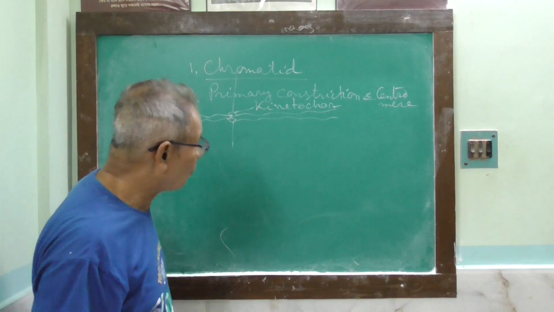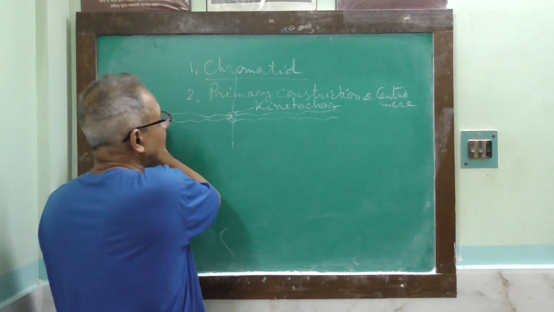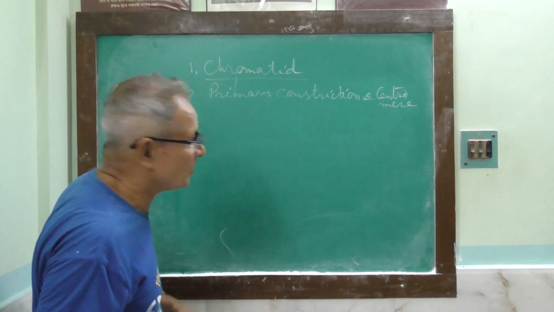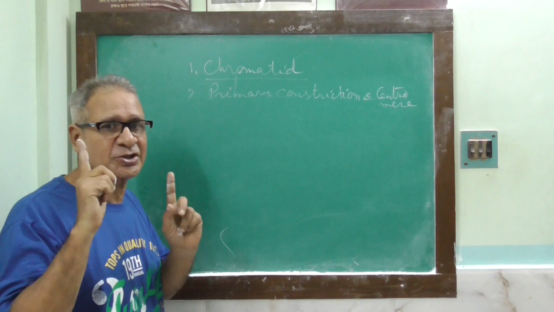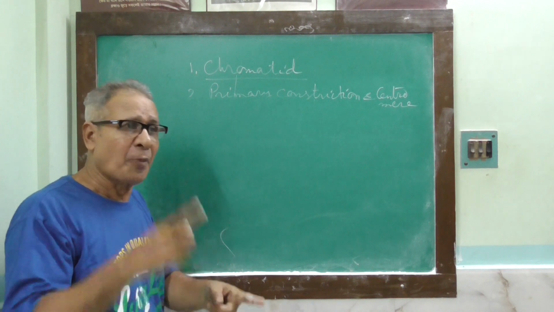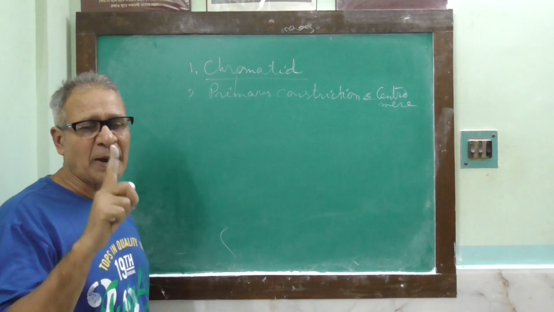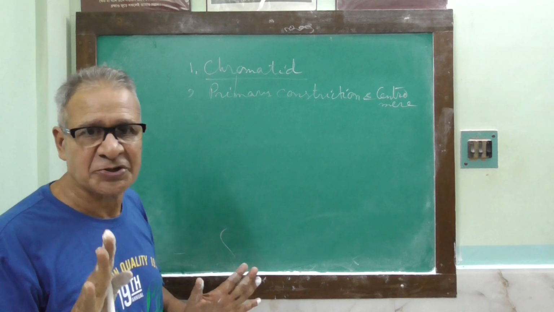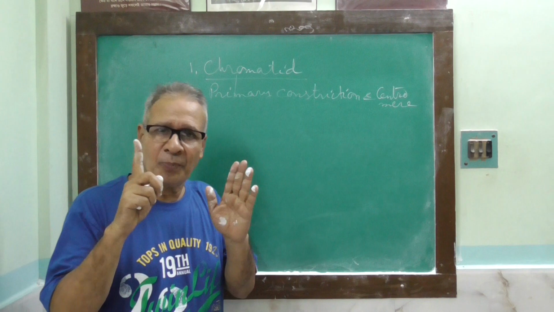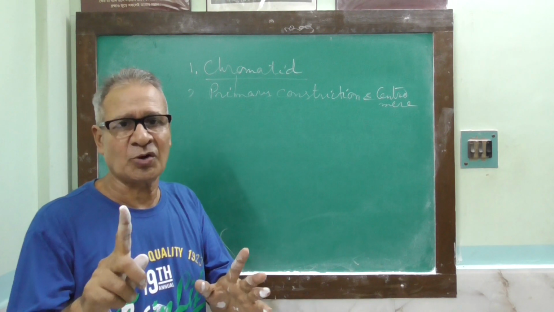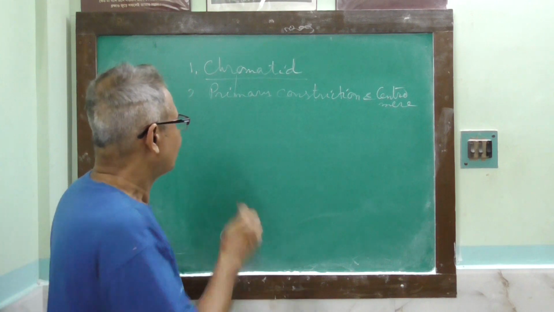In a chromosome, there is a specific region along its length which is the primary constriction. For a particular chromosome, the position of the primary constriction is always fixed, and generally a single primary constriction is present.